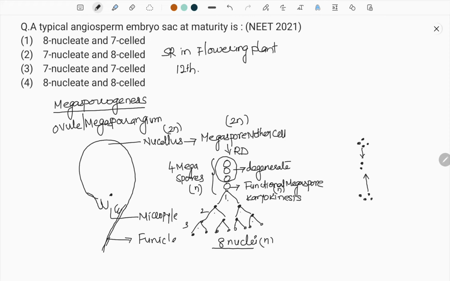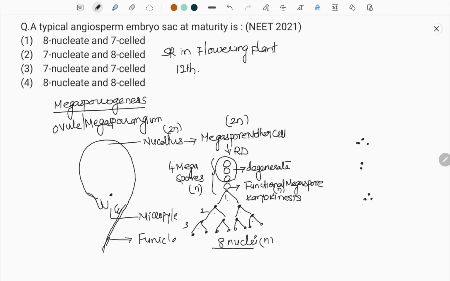As a result, 3 nuclei are present in the upper pole, 3 nuclei in the lower pole, and 2 nuclei in the center.